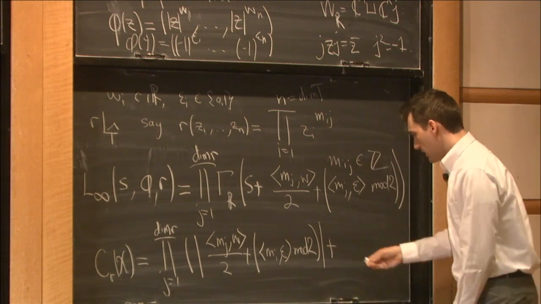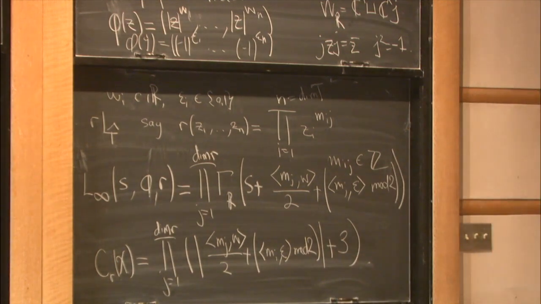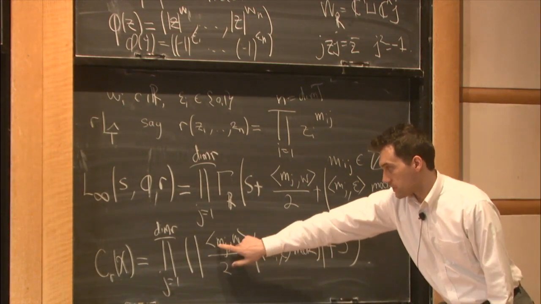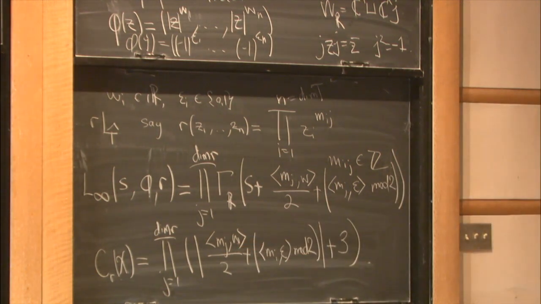So you could see some data depending on both the representation of the L group and the Langlands parameter.